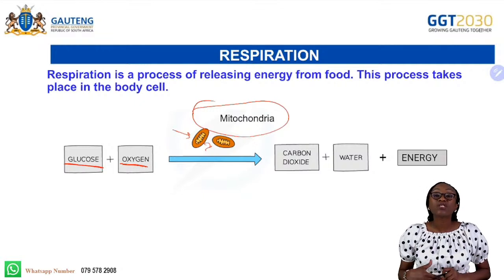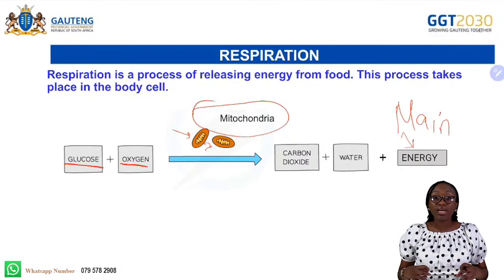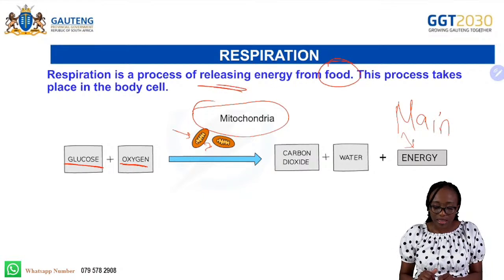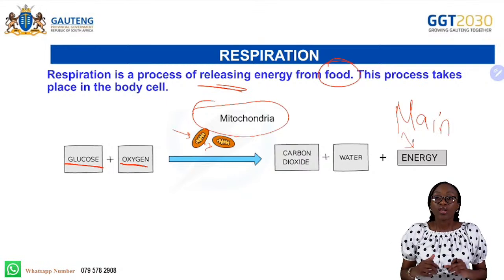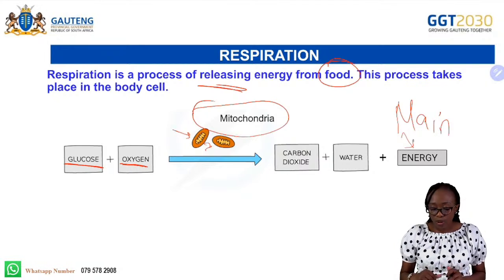And what does this process produce? What are the products? So the main product here is energy. We are breaking energy free from food, or rather we are releasing energy from food. So the main product is energy. But energy is not the only product.